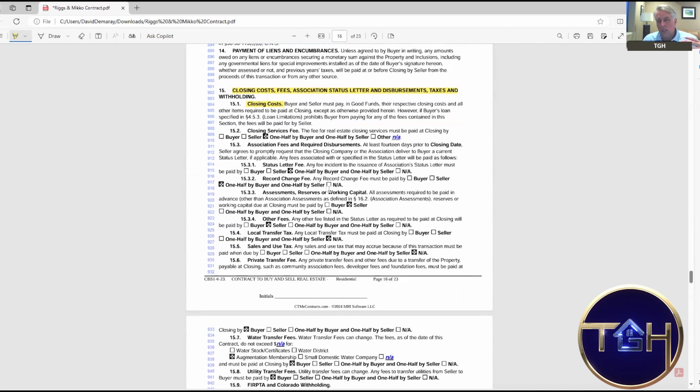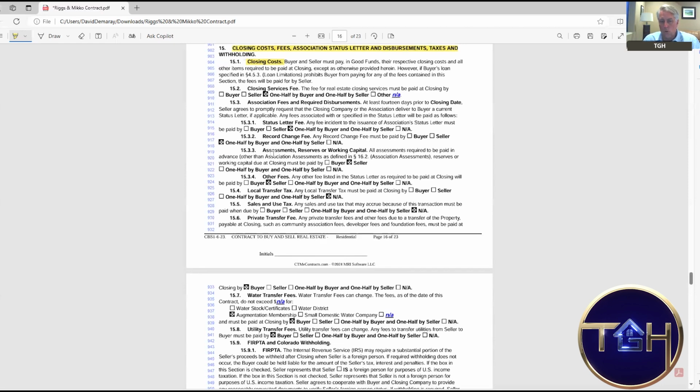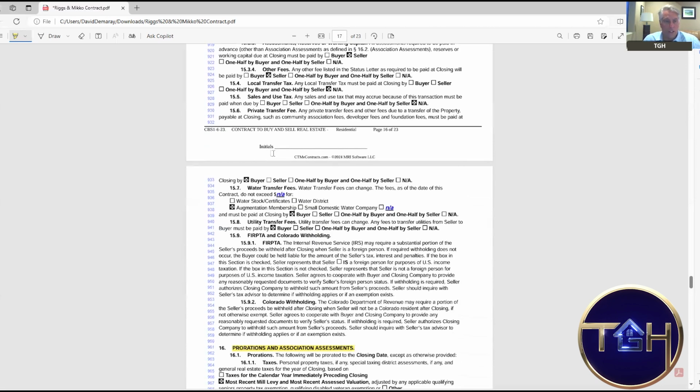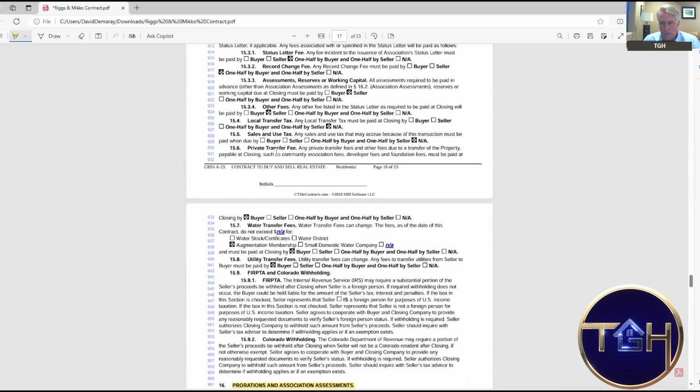It talks about each party's closing costs and their obligation to pay their own closing costs, except in this case where Riggs is asking for MECO to pay $2,000 of Riggs's closing costs. HOA, any fees associated with that, who pays for status letter fees, who pays for any additional fees in terms of transferring ownership.